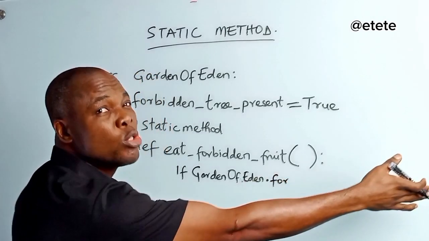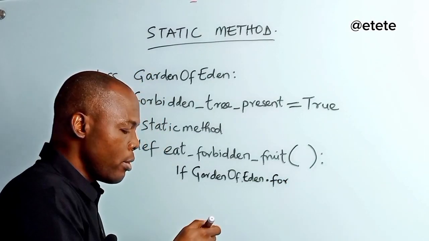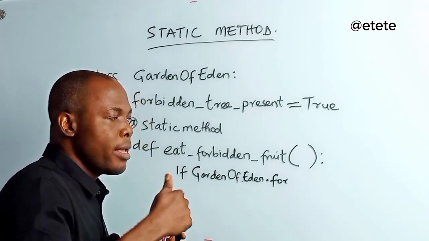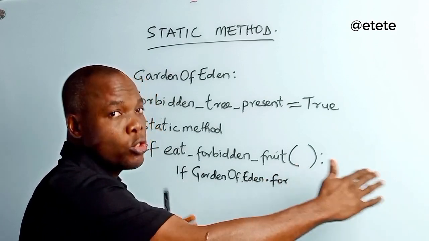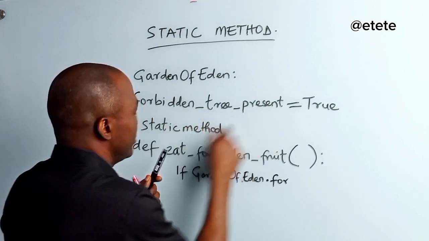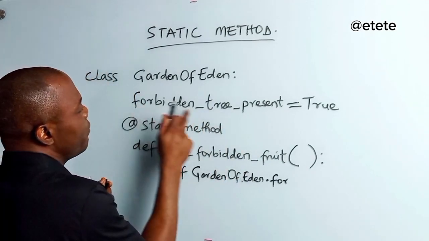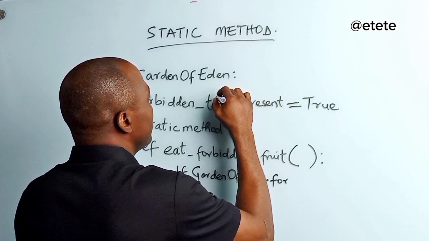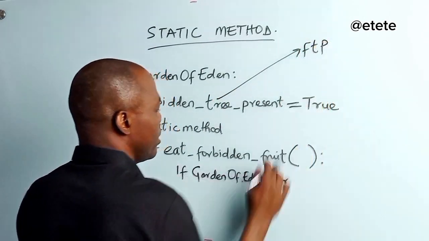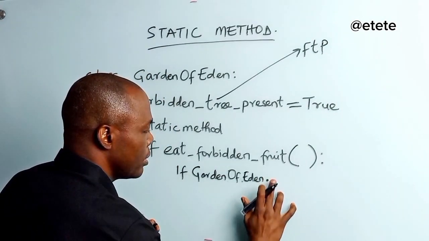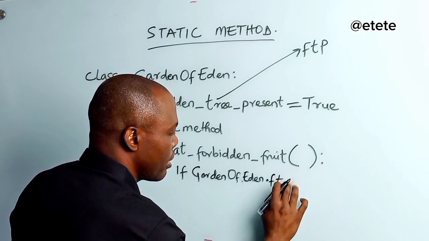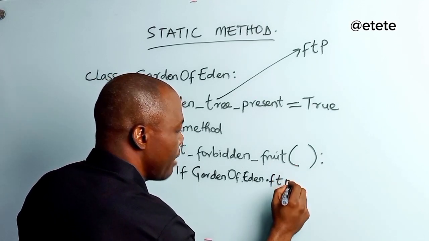Now, it's going to be too long, right? You won't do this in a normal program. But because of the board, which is going to be too long, I will simply use FTP, this one representing forbidden tree present.